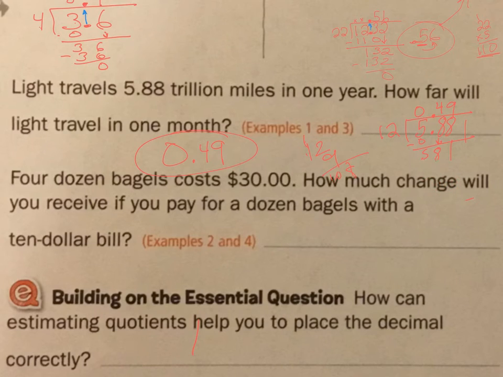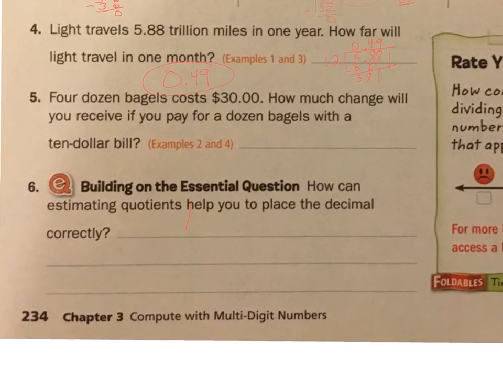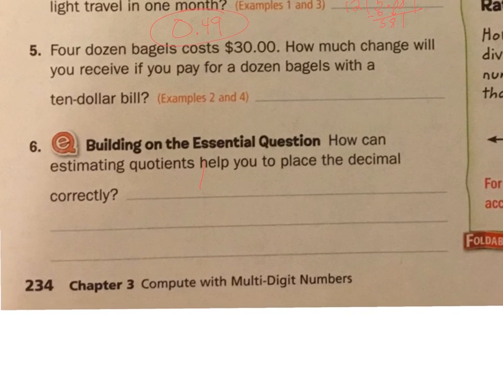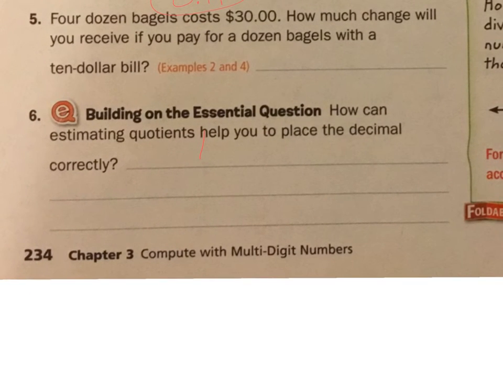Let's do one more as a guided, and then we'll go do some independent. 4 dozen bagels cost $30. How much change will you receive if you pay for a dozen bagels with a $10 bill?